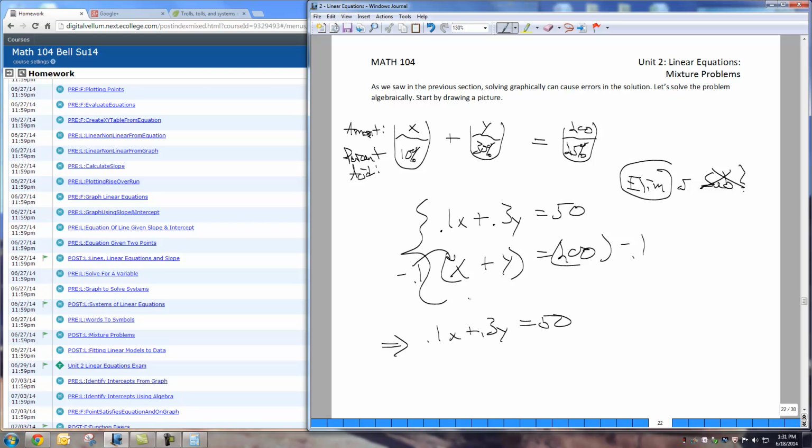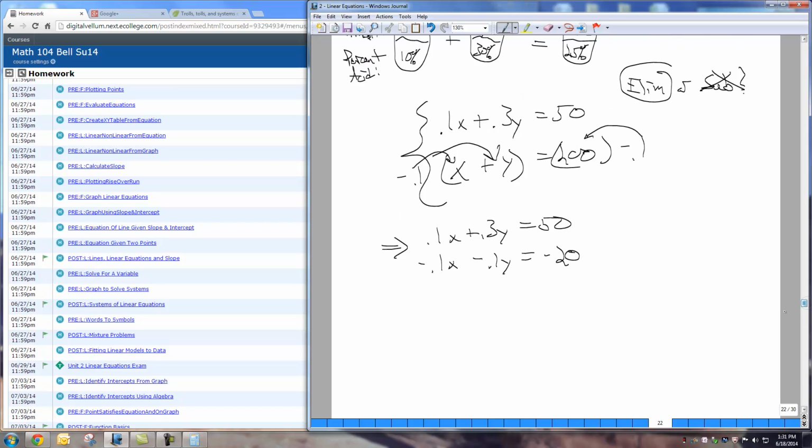Now let's do this. So we have negative 0.1x minus 0.1y equals negative 0.1 times 200 is negative 20. And then add them together. So those cancel. 0.3 minus 0.1 is 0.2y equals 30. Divide both sides by 0.2.